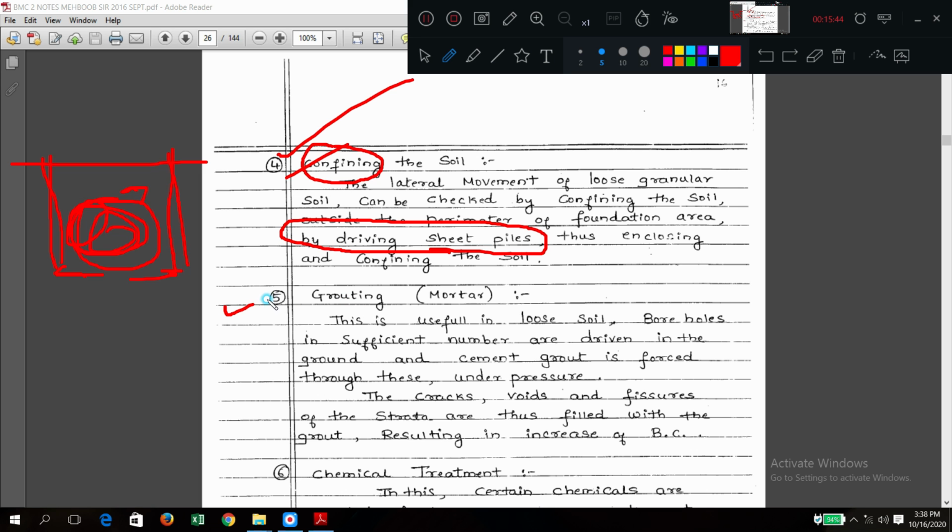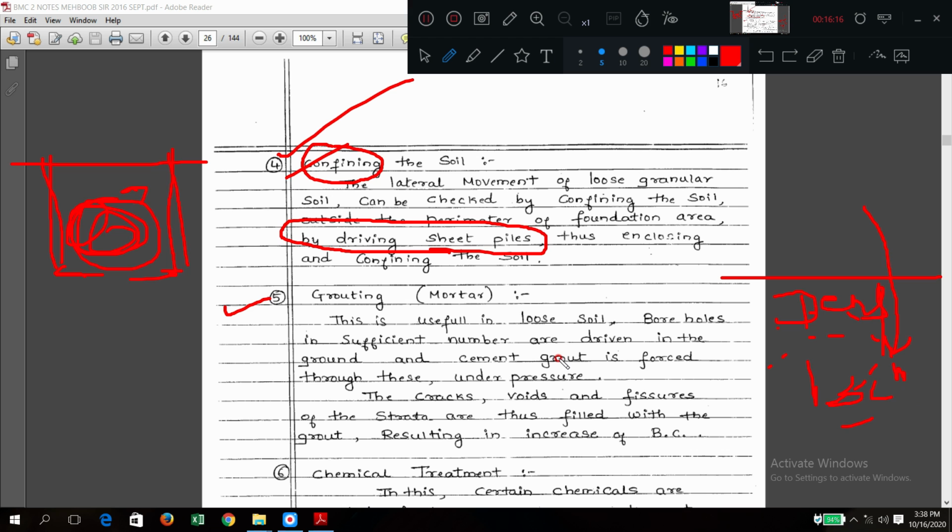Next is grouting. Grouting means you are injecting cement mortar or some mortar inside this soil. That mortar will spread throughout this soil portion and fill all the holes, blocks, small things, and it will make the soil very dense. If the density is high, the bearing capacity is also very high.